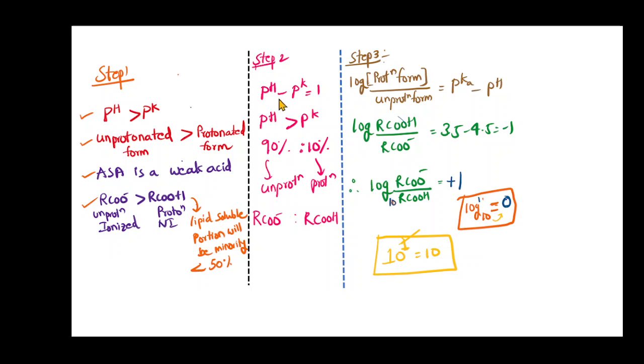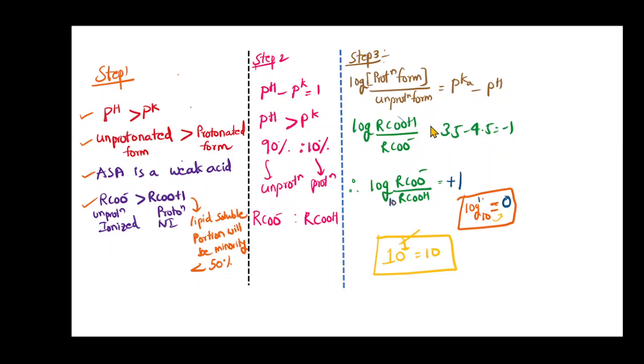If you want to know exactly what fraction it would be, in the question I asked you about the lipid soluble portion, I don't want just less than 50%. I want to know exactly how much percent would be lipid soluble.